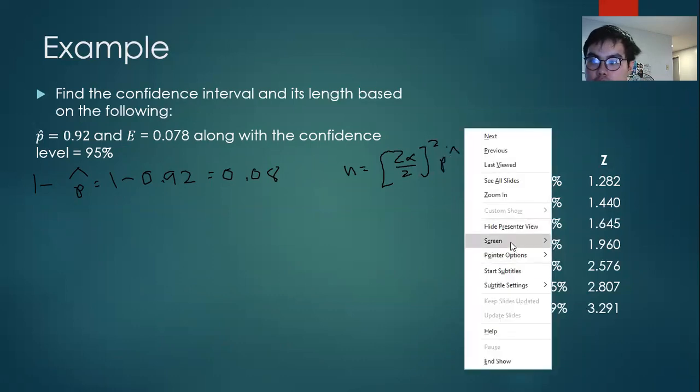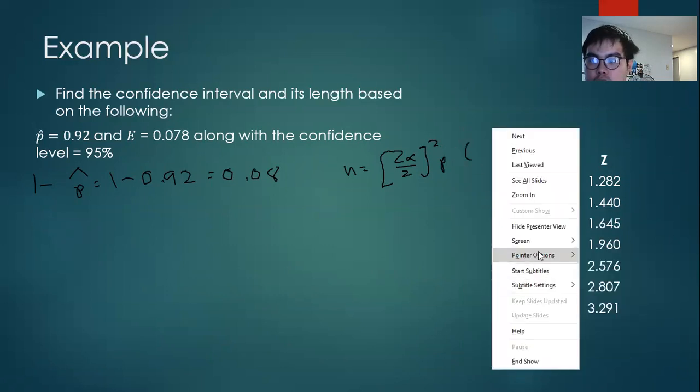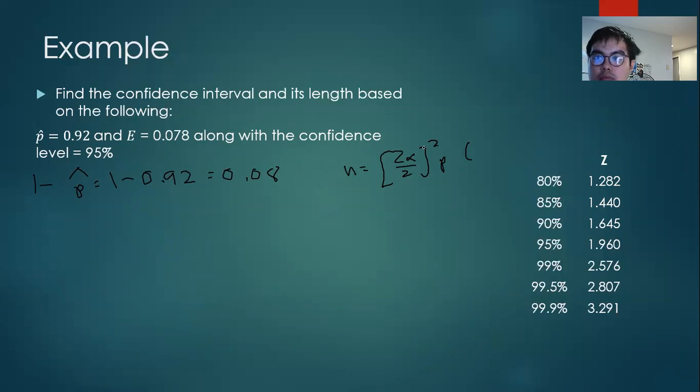We're going to rewrite the formula. The z value according to the confidence level is 1.96.